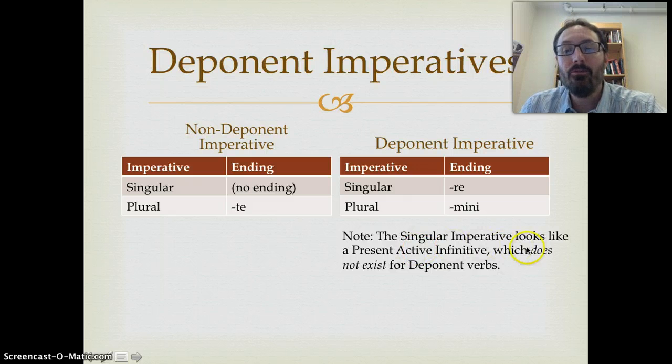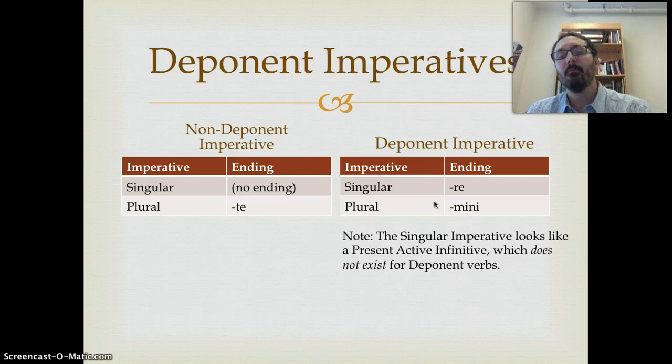So there is no such thing as a present active infinitive for a deponent verb. So if you see a deponent verb that ends in re, you'll know that that's actually an imperative. Okay? Again, there's no such thing as a present active infinitive of a deponent verb because there are no active forms. They only have passive forms.